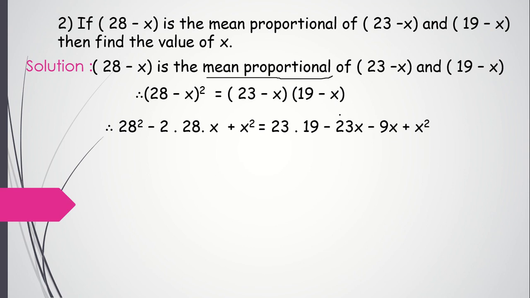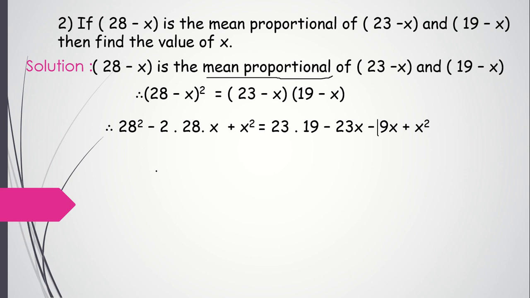So 23 into 19 minus 23x, and x into minus 19, so that's minus 19x, minus minus plus, so x into x is x square.